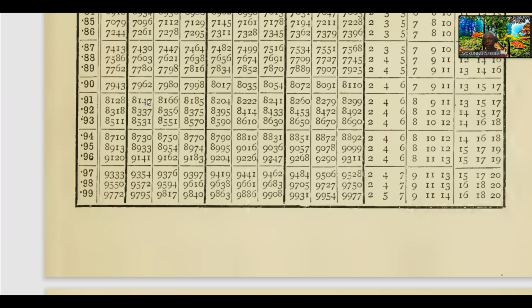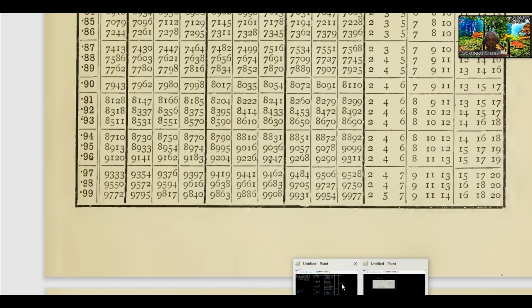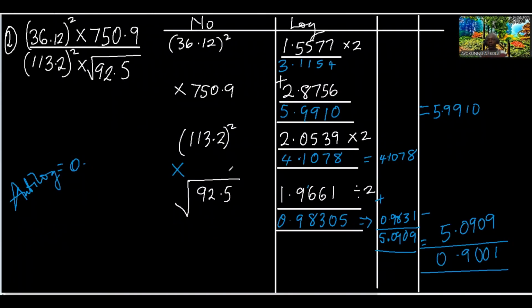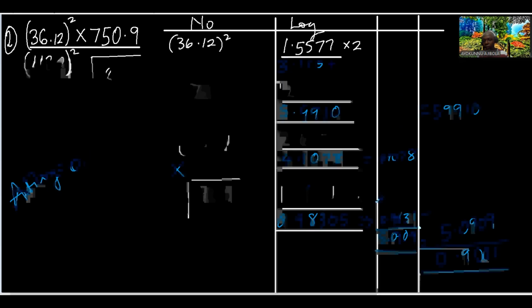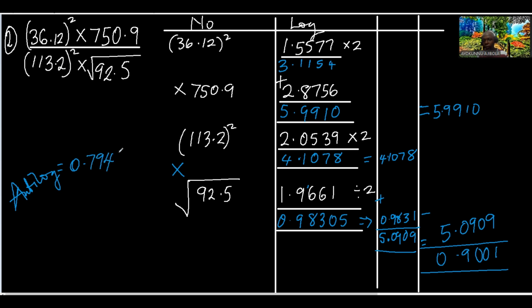Difference 1 is 2, so that's 7945. 0.7945. Now, as usual, we add 1 to this to know where our step will be. So it's going to move 1 time. So the final answer will now be 7.945.